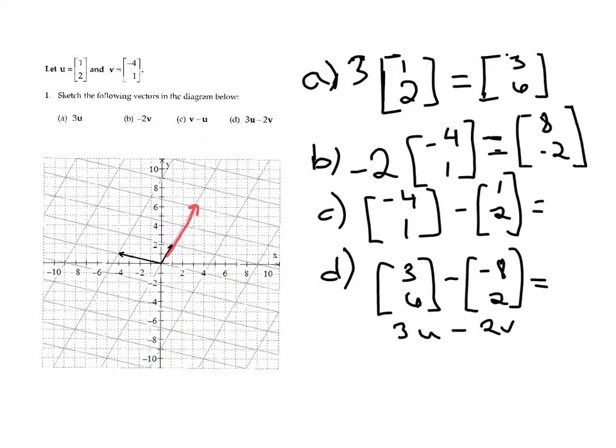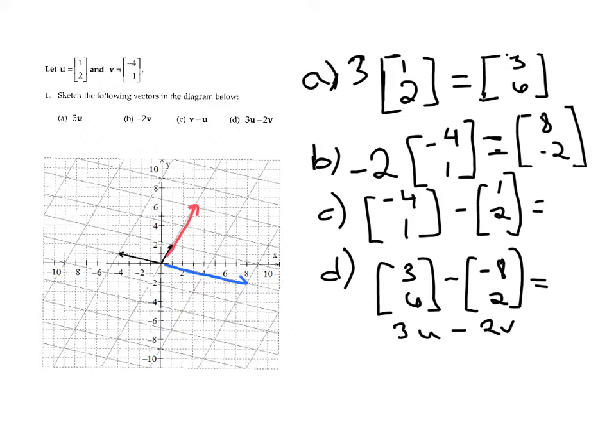Now looking at the negative 2v vector, so that would be a vector pointing from the origin to the point at 8, negative 2, so it would point right here. So it's going to be this vector right here. Now again, I've got parallel lines here going through, here's the vector v, and so let me go ahead and draw it.